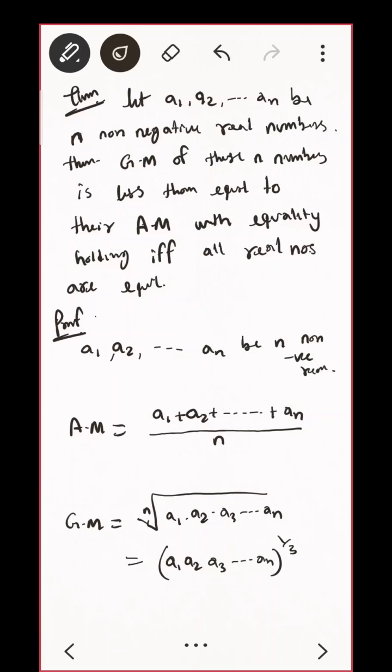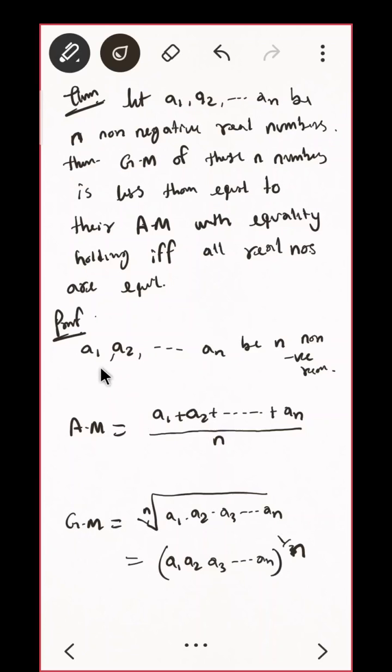Okay. Now can you just quickly verify that this will be true for a1, a2? If I put n equal to 2, then this is the same as what I wrote previously. Do you agree? If I am having only two numbers, the formula I have given is the same as what I gave earlier, correct?